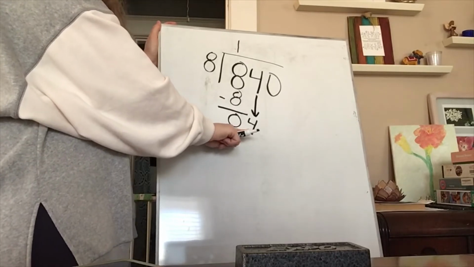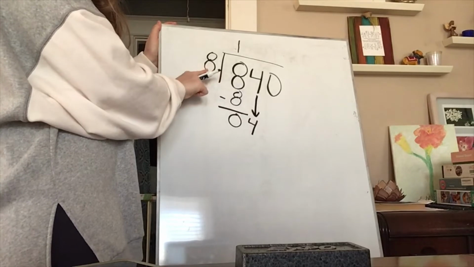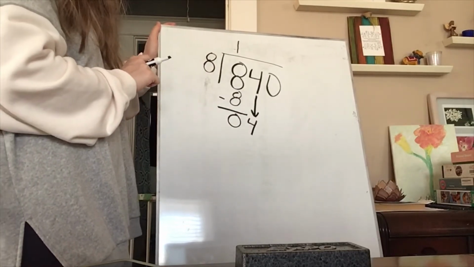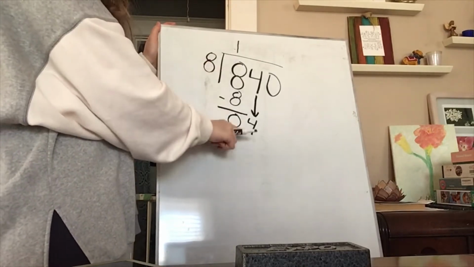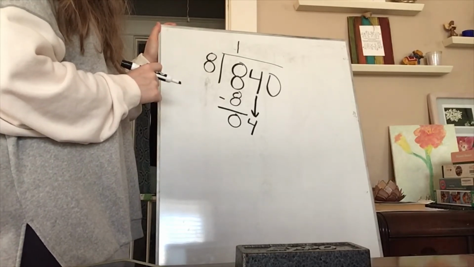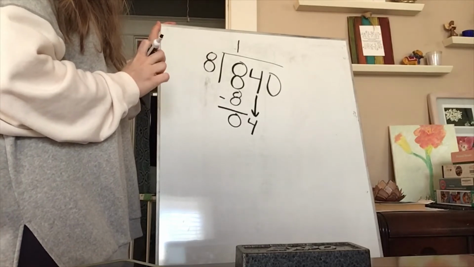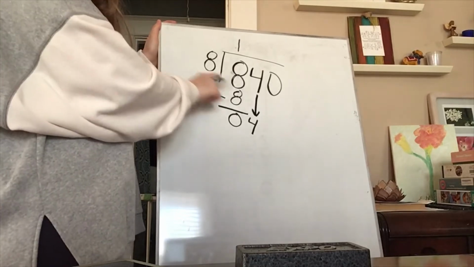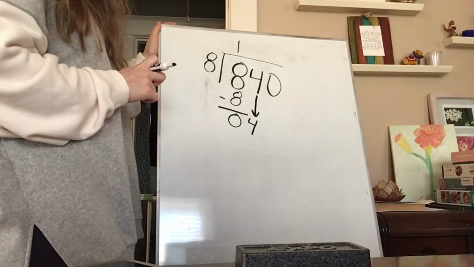Remember, if the new dividend or the digit we're looking at in the dividend is smaller than our divisor, can our divisor go into it at all, Carla? No. So how many times does 8 go into 4, Carla? Carla, how many times does 8 go into 4? It goes into 4.